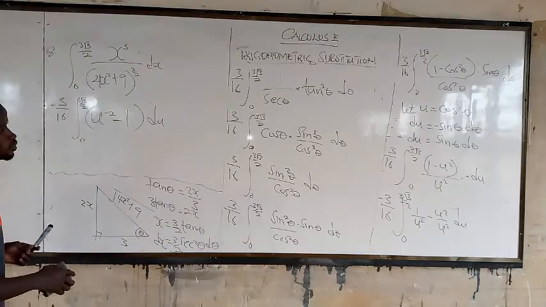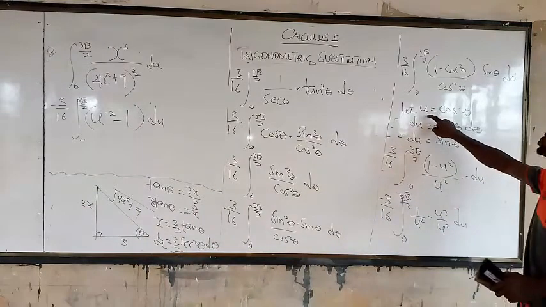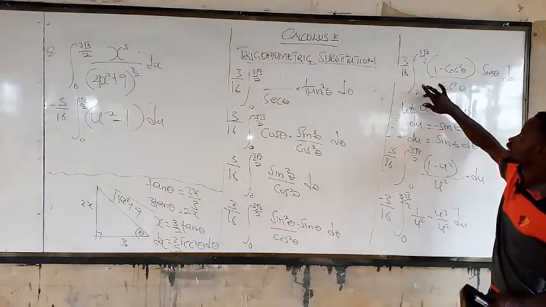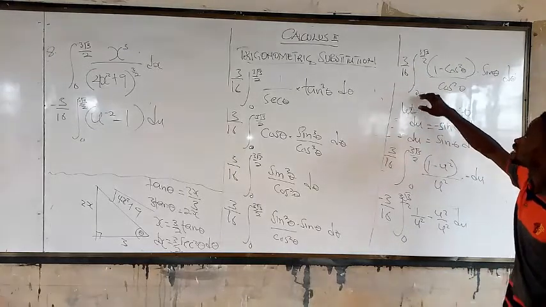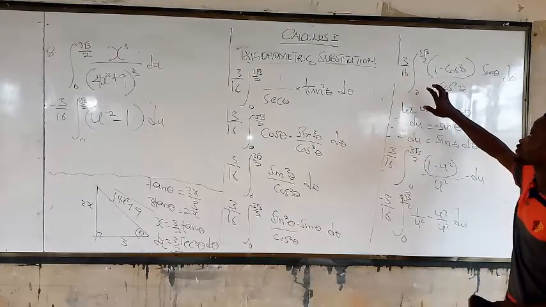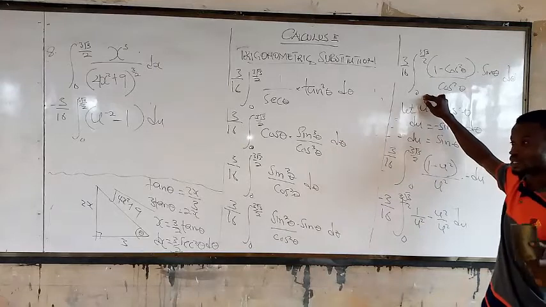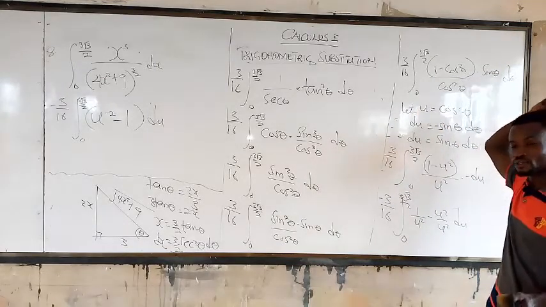Alright, good. But right after setting u to be equal to this, we should have changed the upper bound and the lower bound, because you know that the upper bound and the lower bound that we have here are values of the variable x, and we have already established that in the definite integral videos.